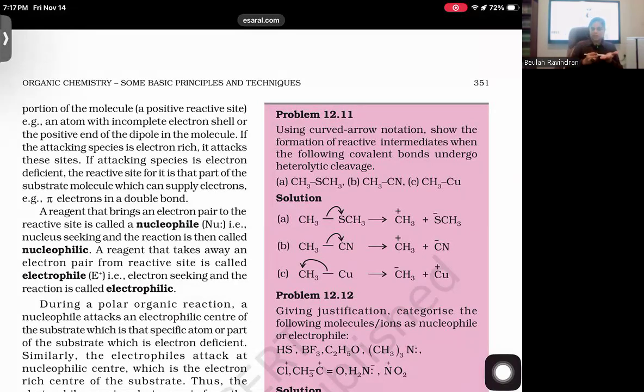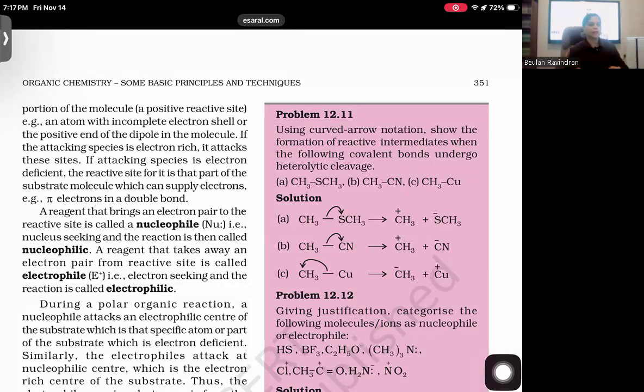A substrate having an electron deficient center. There a nucleophile is attacking, which means the reagent should have more electrons. So an electron rich nucleophile comes and attacks the electrophilic center. The vice versa also happens.